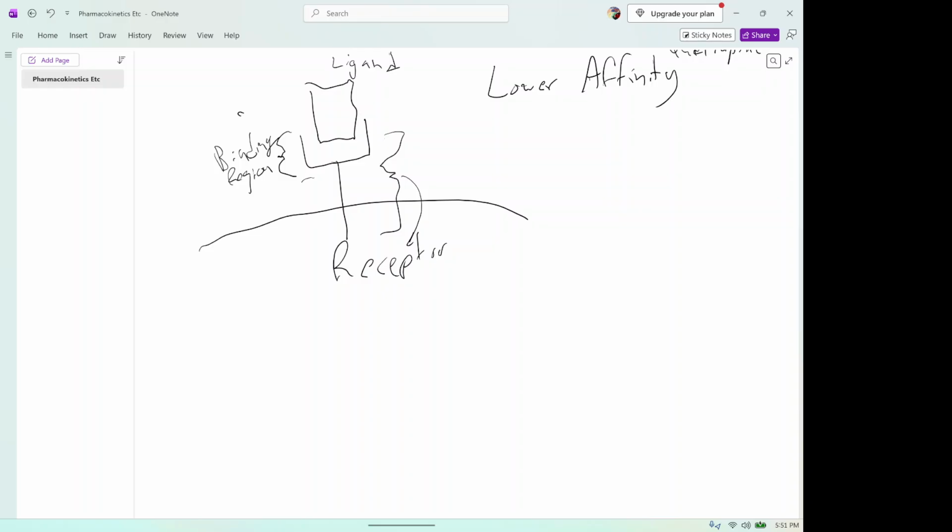And then this would be the non binding region. And so basically, the idea is a lock and key mechanism, as they put it.